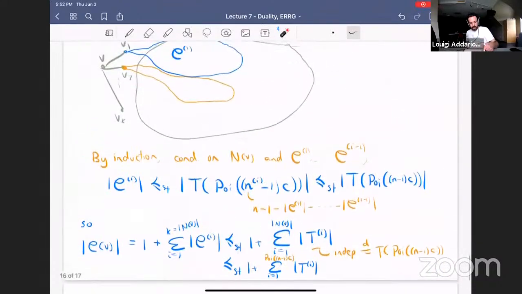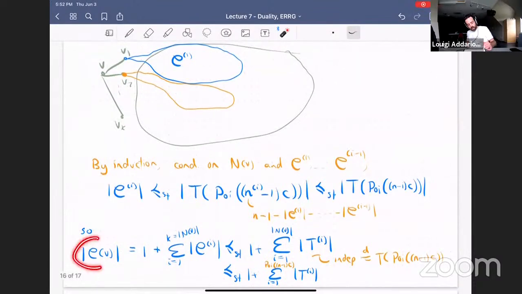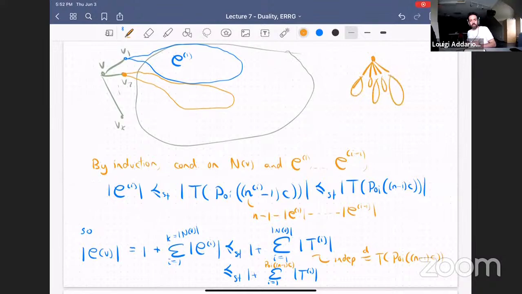Okay, but now the point is, sorry, maybe that wasn't the best moment for me to answer a question, even though it was a good question, just because I hope everyone is still sticking with the flow. We've shown that the size of this component is stochastically dominated by 1 plus the sum of a Poisson number of Poisson trees. But if we look at the size of a Poisson tree, that is 1 for the root plus a Poisson number of Poisson trees, which are just the subtrees rooted at the children.